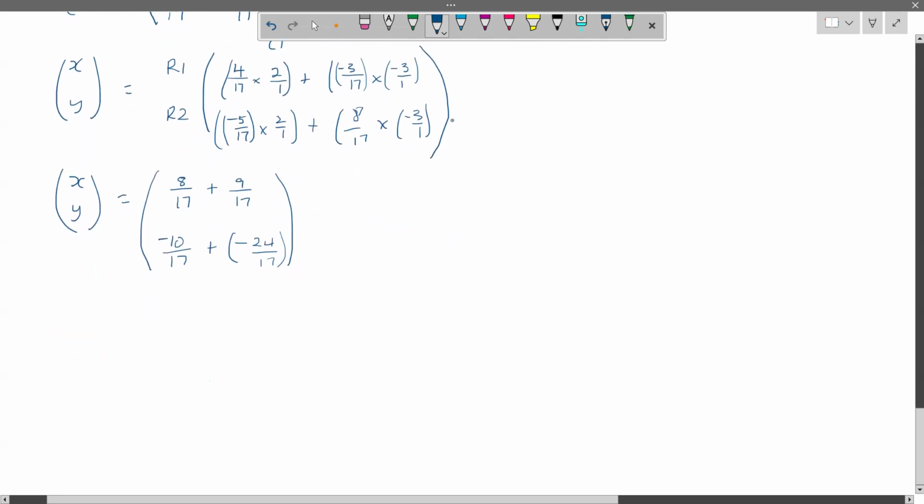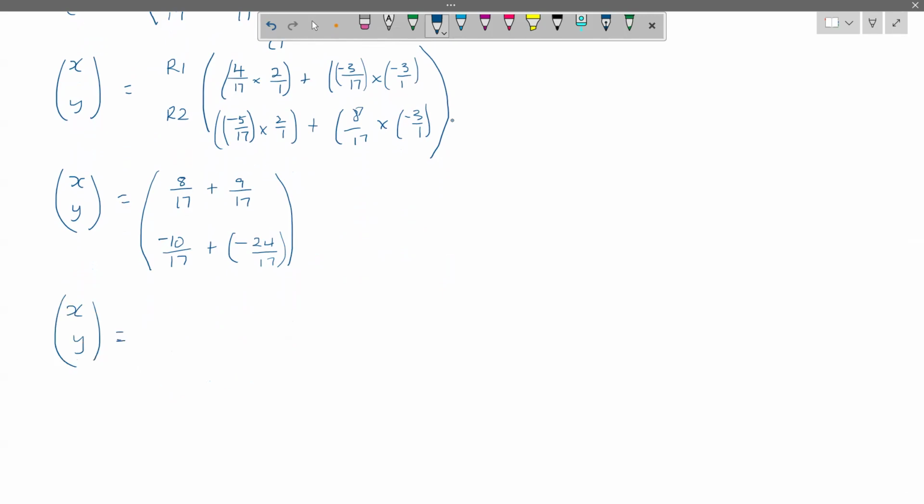Watch them signs. Them signs is what cause a lot of errors. 8 and 9 will give me 17 over 17. Underneath here, I'll end up with negative 10 on 17. And this plus by this minus here will give me a minus 24 over 17.